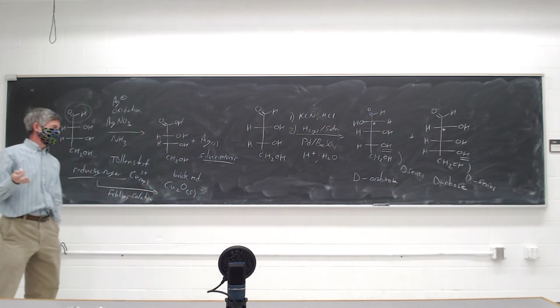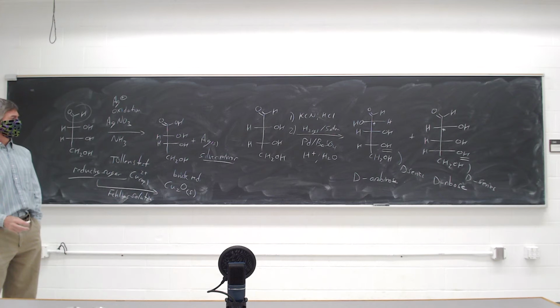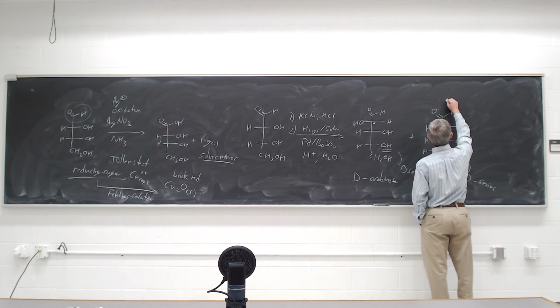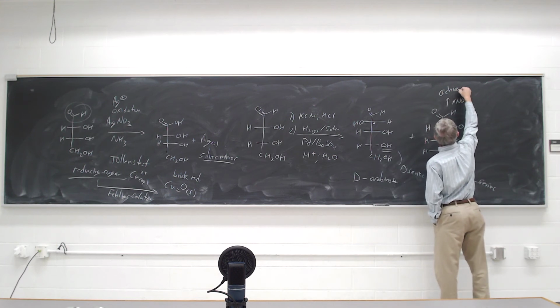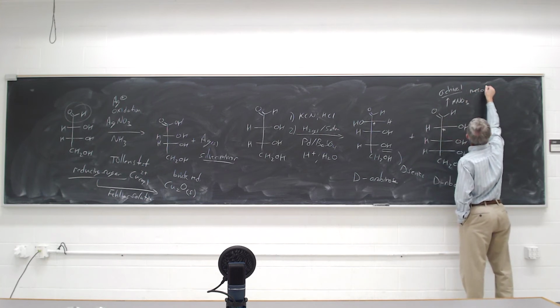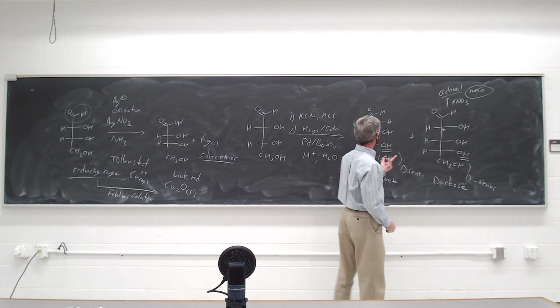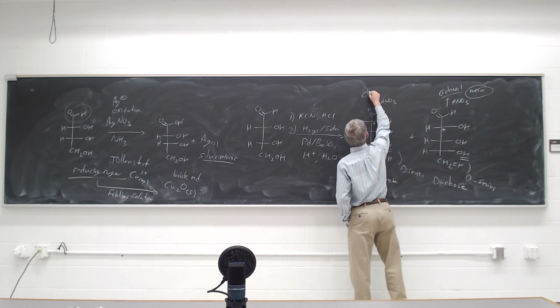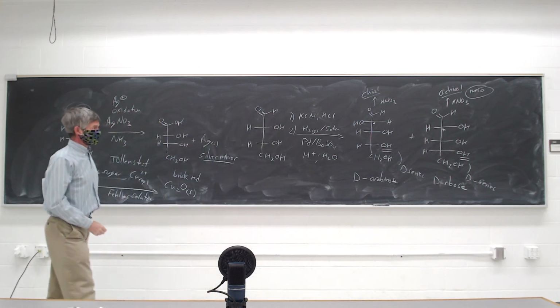Can we tell D-ribose and D-arabinose apart? If we were to oxidize this one up with HNO3, we would generate something with a plane of symmetry down the middle. That would be a meso compound. It would be achiral. Whereas if we were to oxidize this one up with HNO3, that would be chiral, because it's not a meso compound.